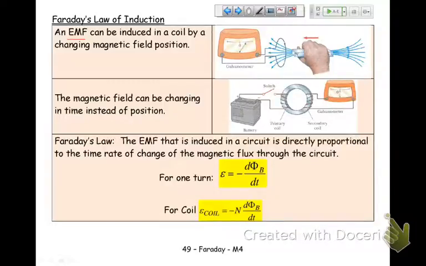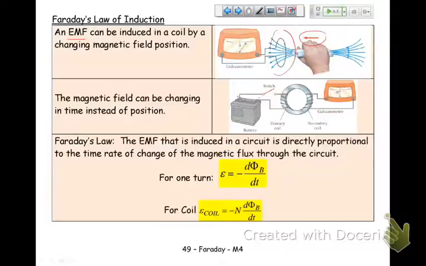So I can move the magnet and leave the coil still, or I could move the coil and leave the magnet still, or change the strength of the magnet and leave everything still. Doesn't matter. I just have to somehow change the flux lines going through that coil in time. However I do it, that's the neat thing.